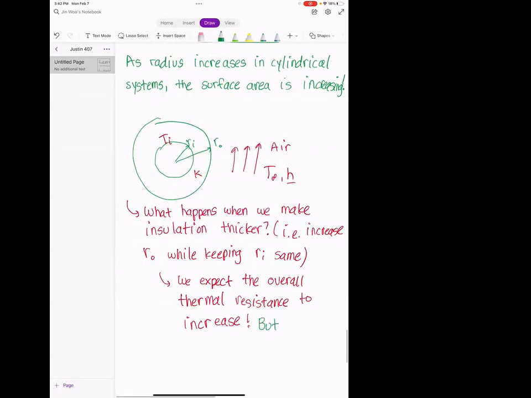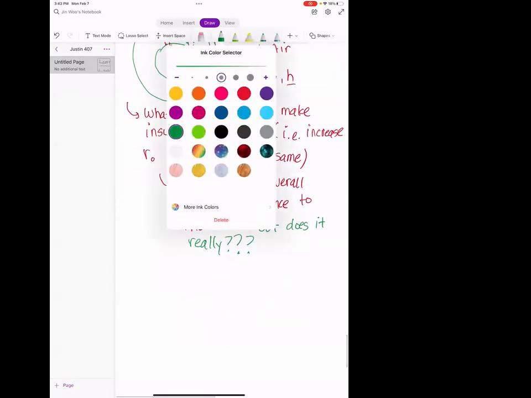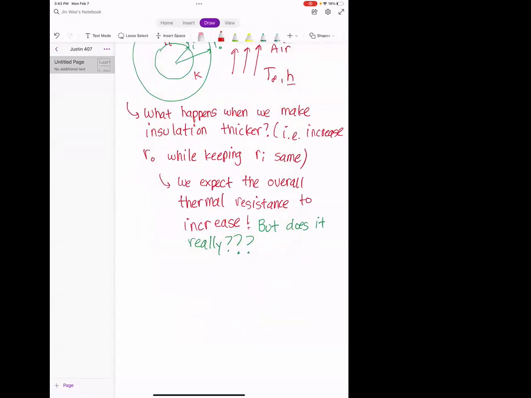But of course, because I'm posing it to you in that way, we have to ask, does it really? Does it actually increase the thermal resistance? It's an interesting thought experiment, because that's the natural thing you want to do: add some thermal insulation in order to increase that thermal resistance.